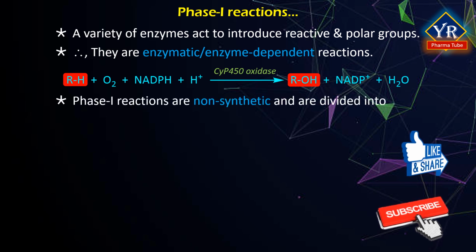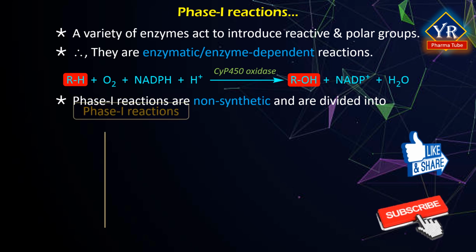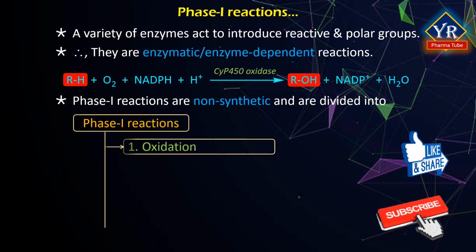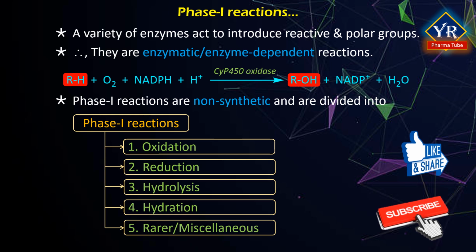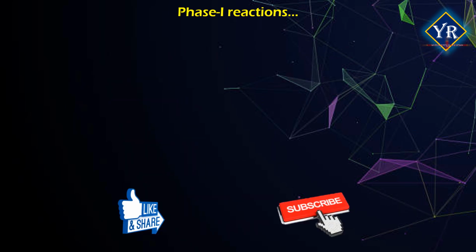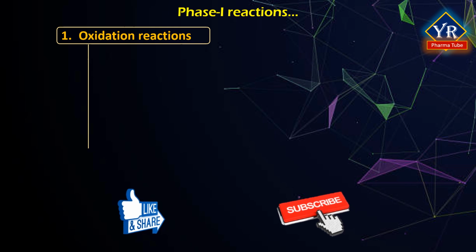Phase 1 reactions are non-synthetic reactions and are typically divided into 5 types. Number 1, oxidation. Number 2, reduction. Number 3, hydrolysis. Number 4, hydration. And number 5, rarer and miscellaneous phase 1 reactions. The oxidation reactions are classified into 2 categories.